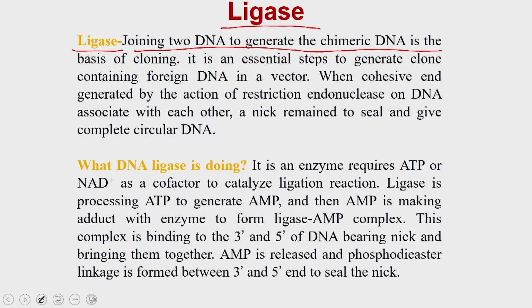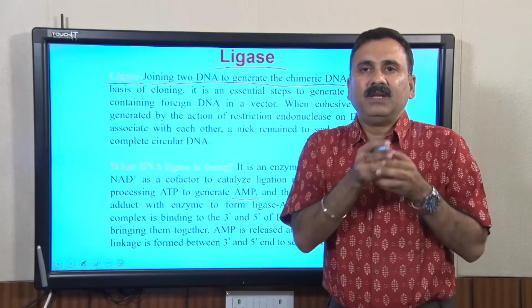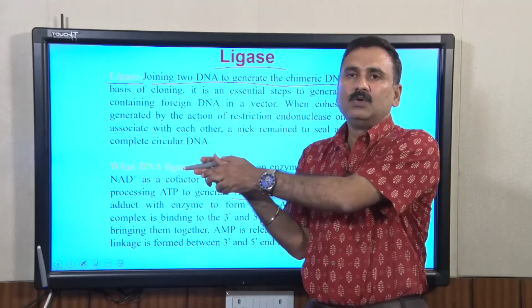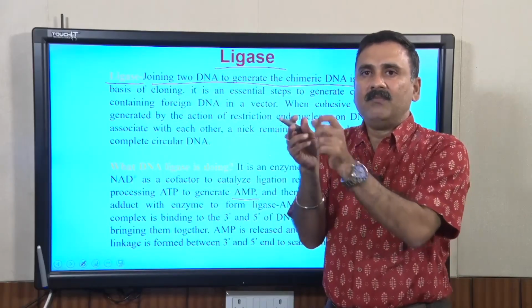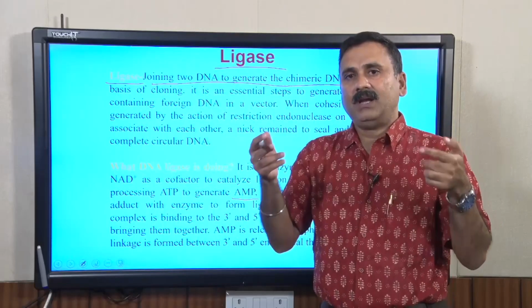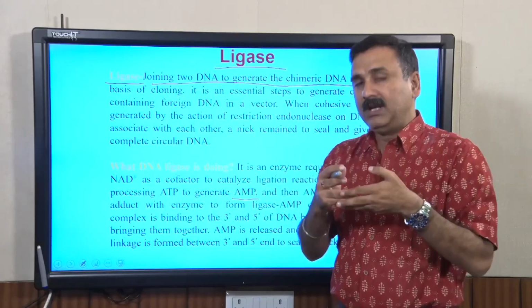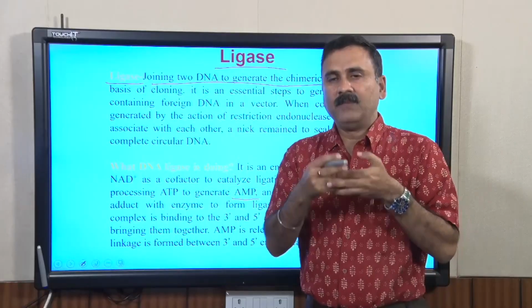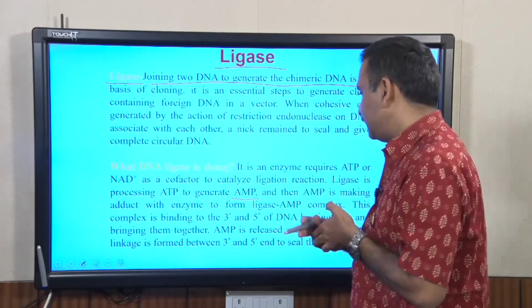In both cases, the enzyme generates AMP, and that AMP binds to the enzyme and makes an adduct with it. Once it makes an adduct with the enzyme, the AMP is transferred onto the nucleotide, and then it seals the link, or joins the DNA fragments.